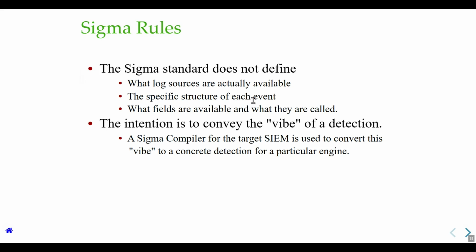It doesn't tell us how the event is structured, what fields are available or what they're called. It's very, very abstract. The intention is just to convey the vibe of the detection. In practice, we use something called a Sigma compiler for a particular platform, a particular stack, to convert this vibe into something real, right?